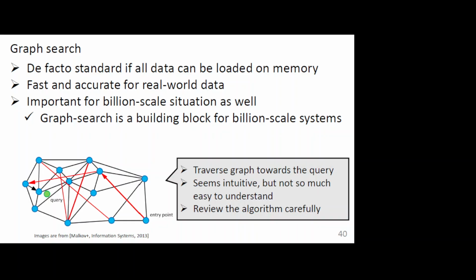In graph-based search, there are several key points. Suppose we build this graph. In this graph, you use a node to represent a vector, and use an edge to connect two vectors, which means they are neighbors.